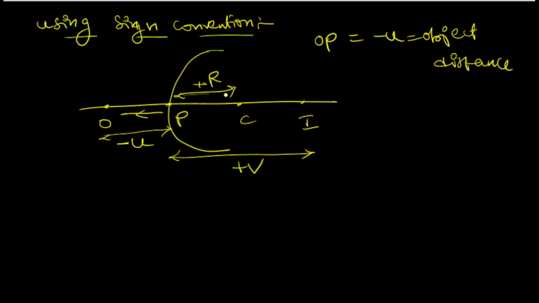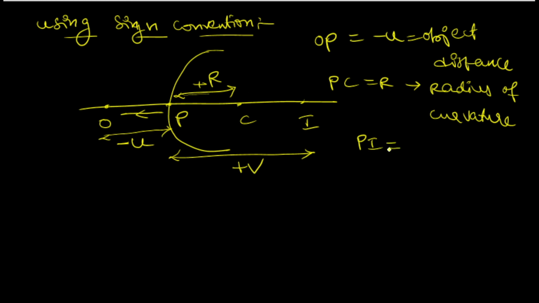Therefore I am taking it as plus sign, so PC is equal to R. Now, what is PI? PI is plus v, the image distance from the pole.